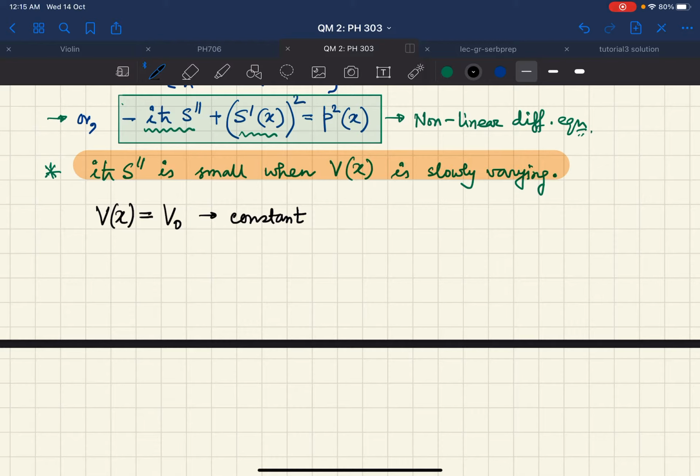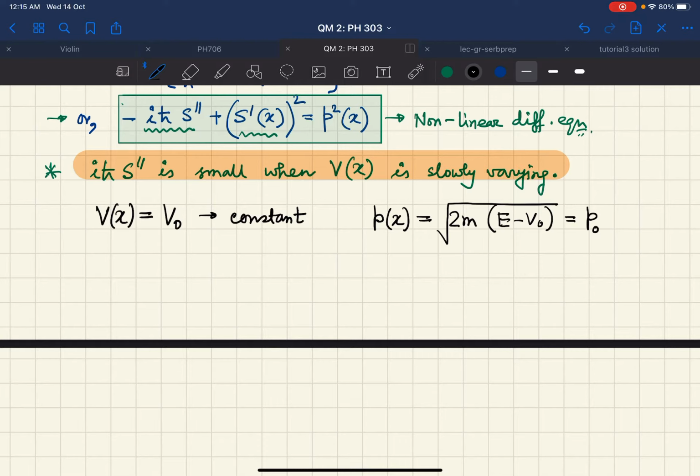Then what is my classical local momentum? It is the square root of 2m times (E minus V0). Since V of x is V0, the whole quantity is a constant and the momentum also is a constant, which I denote by p naught.